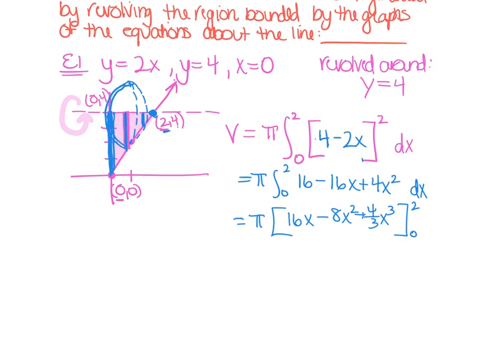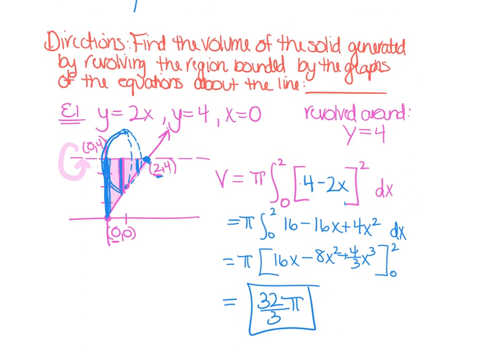And when we do that, you end up getting 32 over 3 pi. Okay, so that's why it's important to know where the shaded region is, where your rectangles are, and how you calculate that height. Okay?